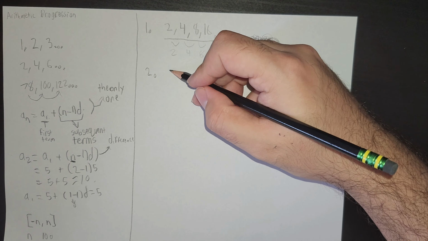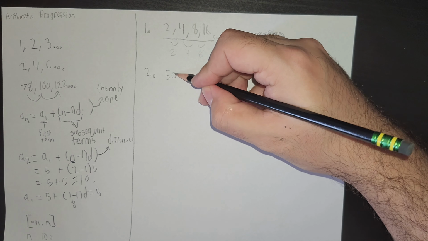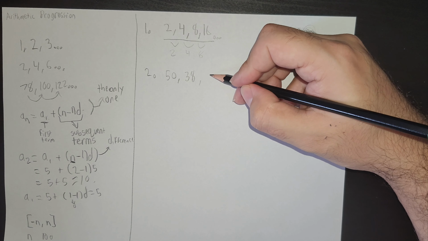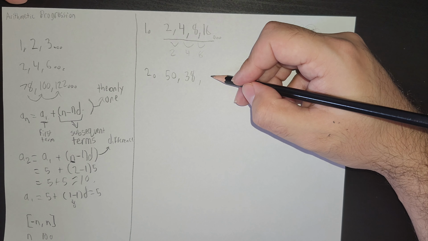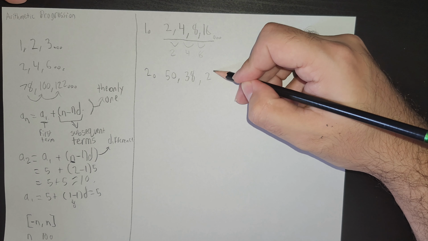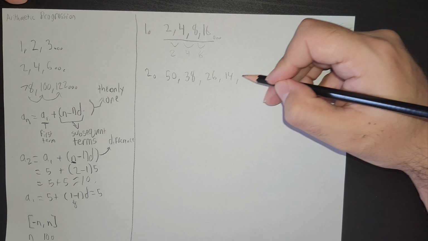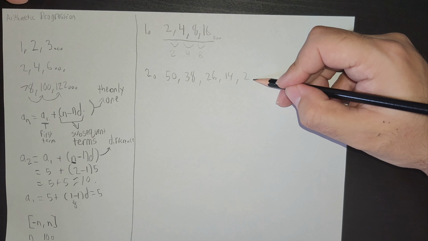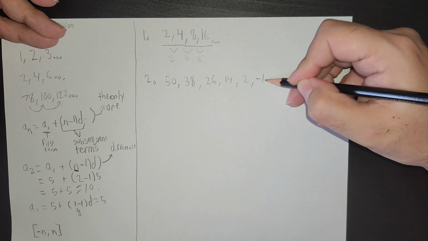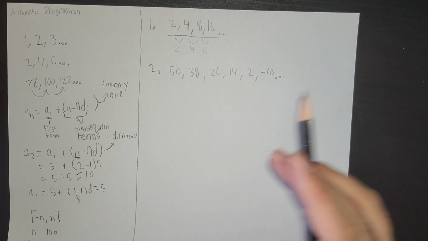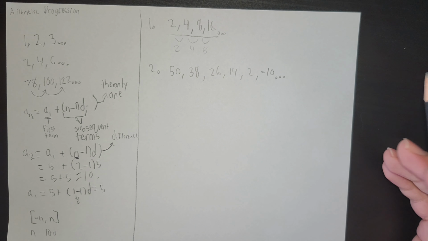Let's say we have something like 50, 38, 26, 14, 2, -10, going on. Okay, so does this make sense?